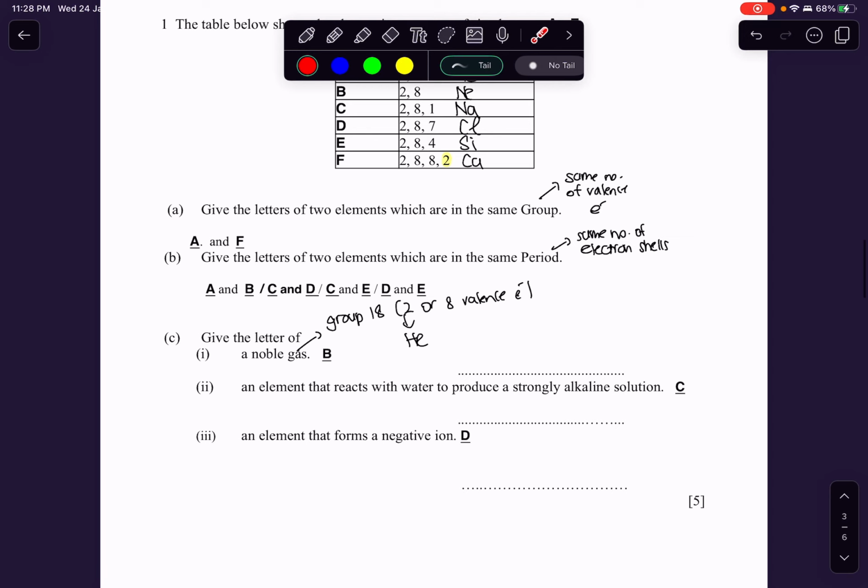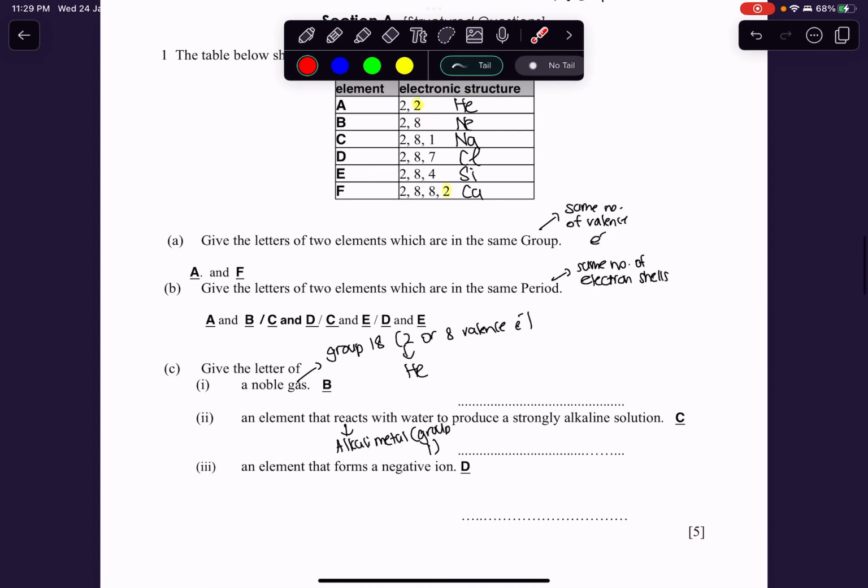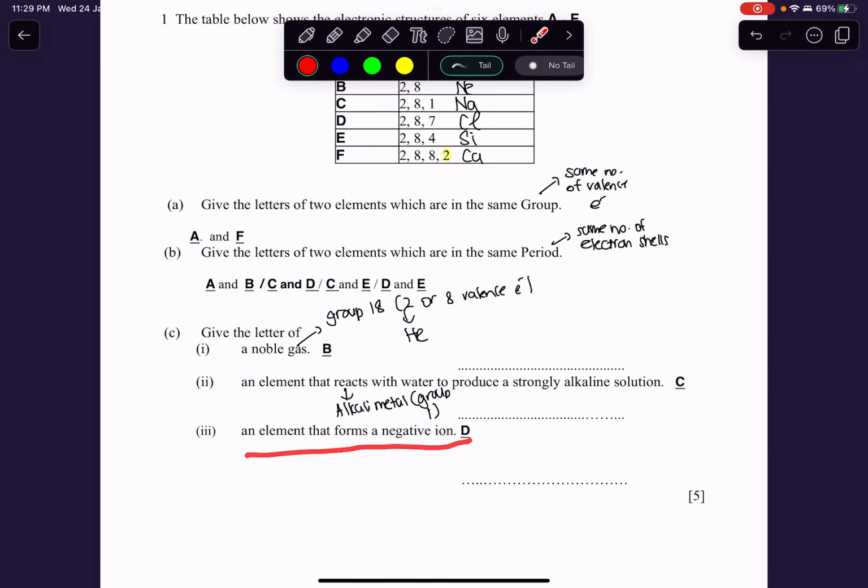Part 2, reacts with water to produce a strongly alkaline solution. This is your alkali metal, and they are found in group 1. So you check for 1 valence electron, it has to be C. An element that forms a negative ion must be a non-metal.